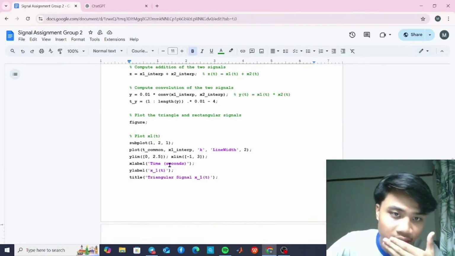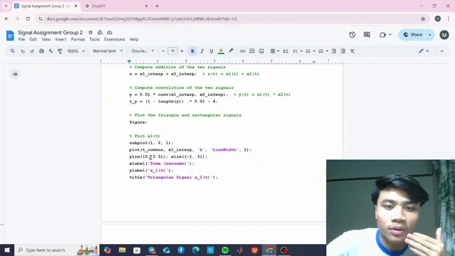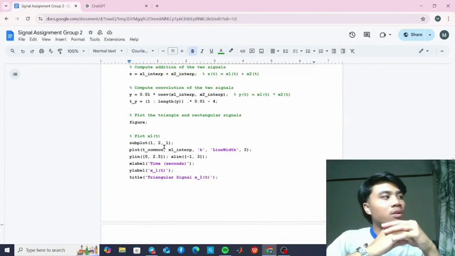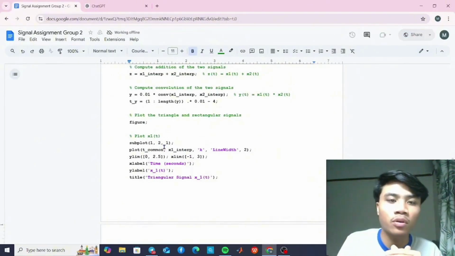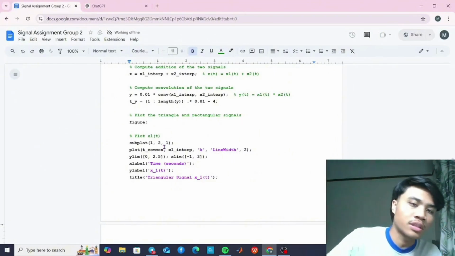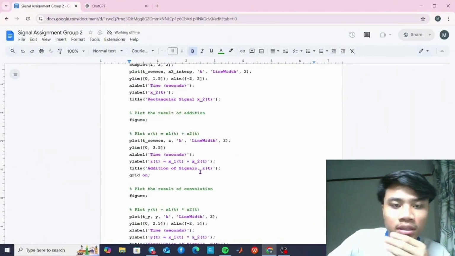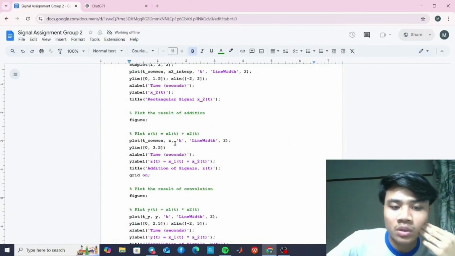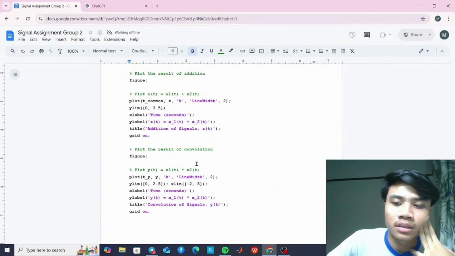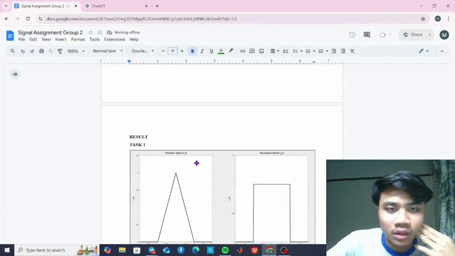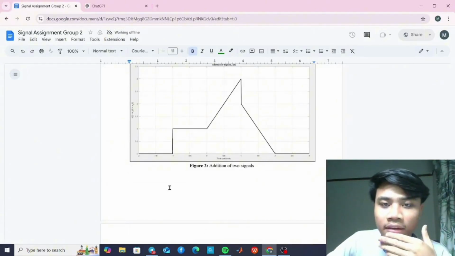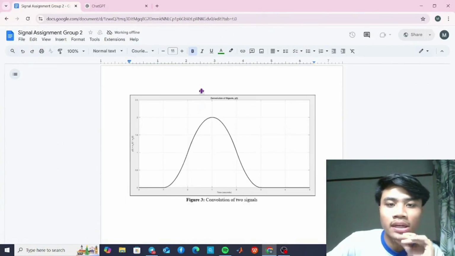First, we plot the graph for the triangular signal, and we arrange them in a subplot: triangular signal, rectangular signal, addition signal, and the last one is the convolution of the signals. The result is this: triangular signal, rectangular signal, then the addition of the signals, and the last one is the convolution of the two signals.